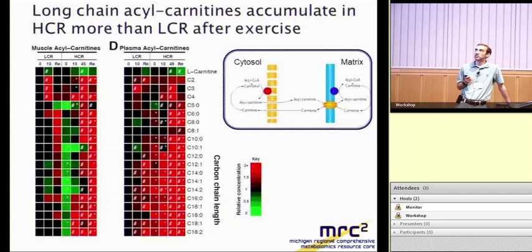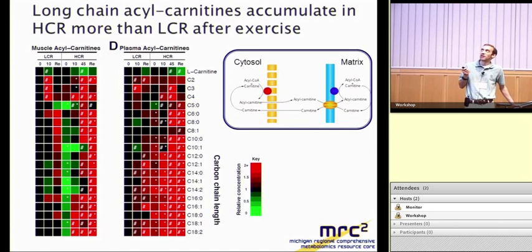So we next chose to look at acylcarnitines, which are a marker of fat oxidation in the blood and in the muscle. Acylcarnitines, it turns out, are basically a part of the process of transporting long-chain fatty acids from the cytosol, which is ultimately coming from the blood, into the tissue, and then from the cytosol into the mitochondria where it's going to be oxidized.